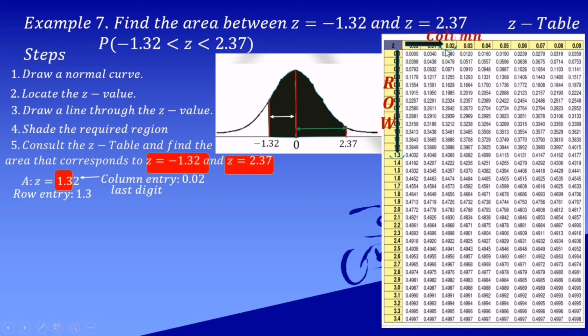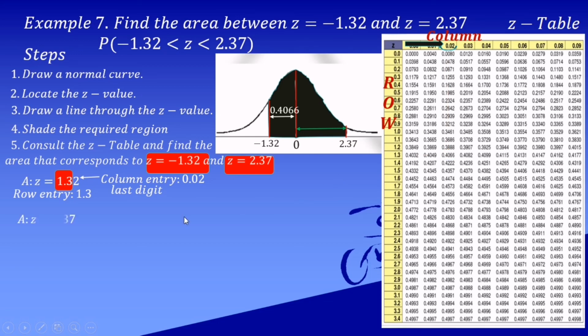Then get the intersection between row and column. Z equal to 1.32 corresponds to 0.4066. From 0 to negative 1.32 is equivalent to 0.4066.